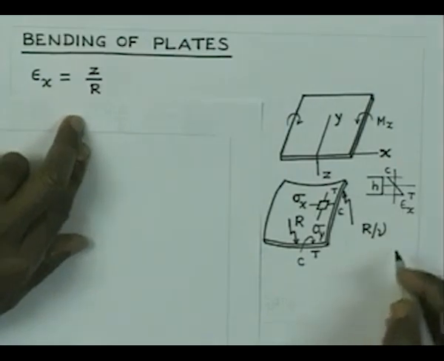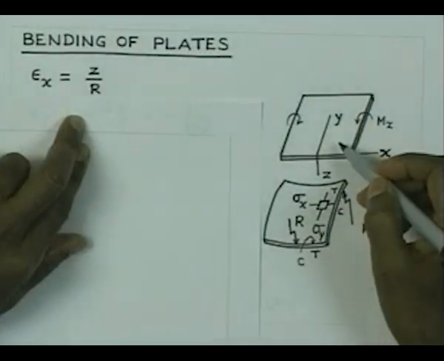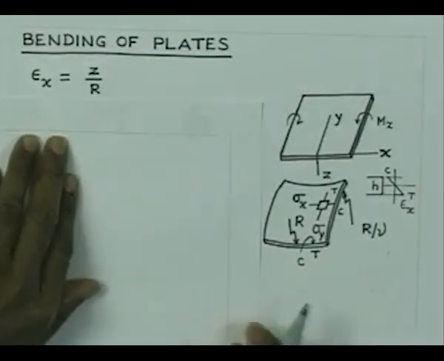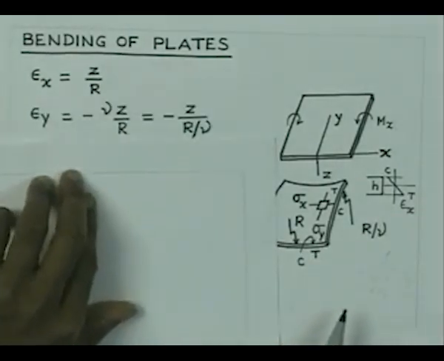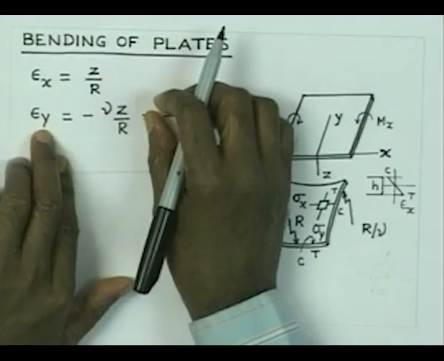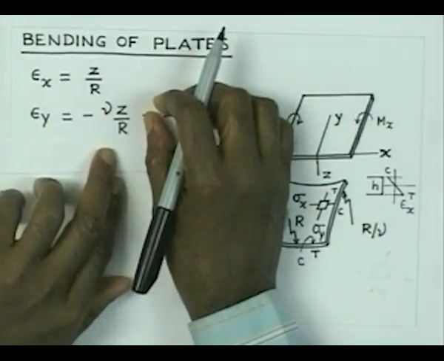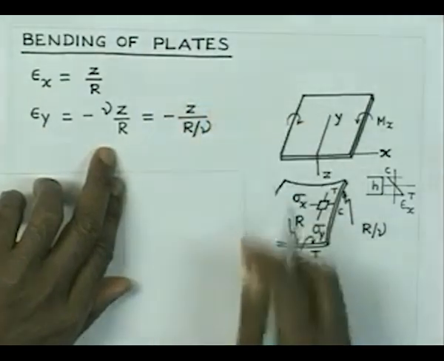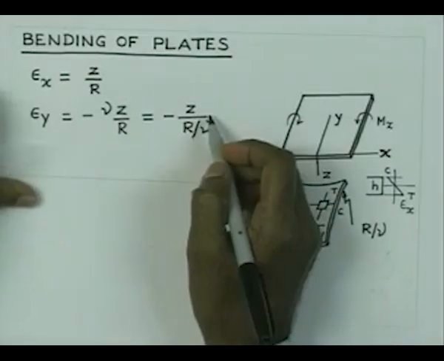Now, the strain which is going to develop because of the strain in the x direction is going to develop in the y direction, it is going to be nu times the strain in this direction. So, therefore, we can write this as epsilon y is equal to minus nu z by r, which we can write as minus z by r by nu. So, therefore, you find that this is a curvature.